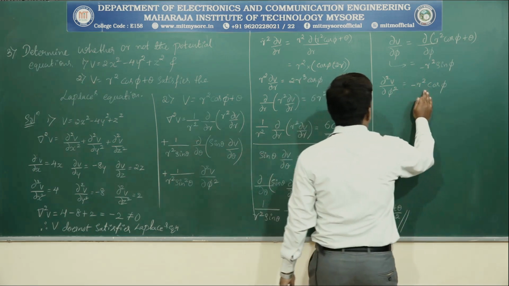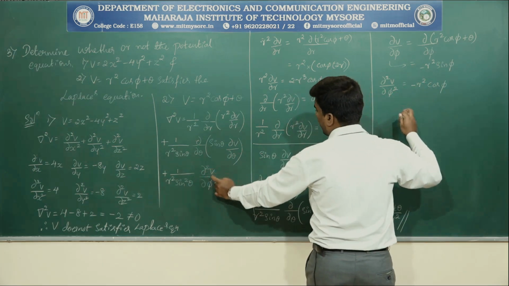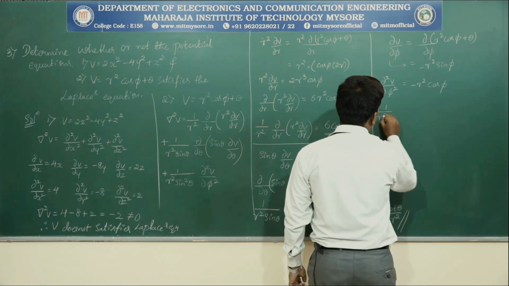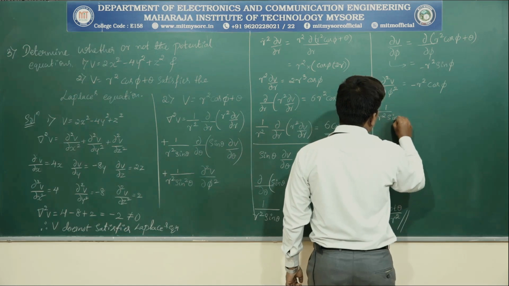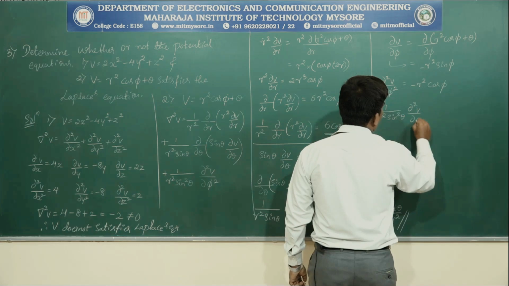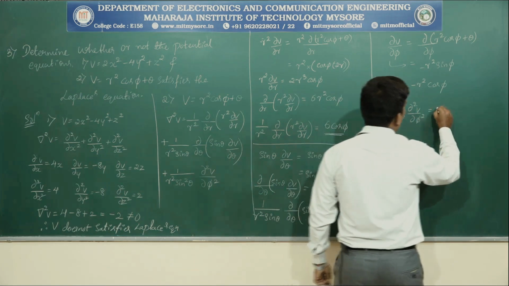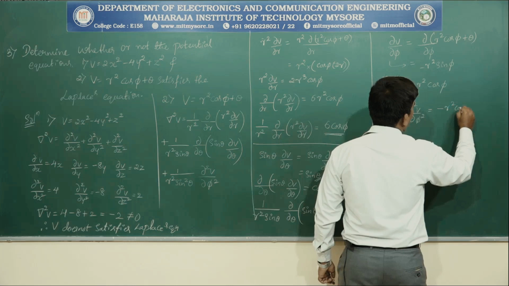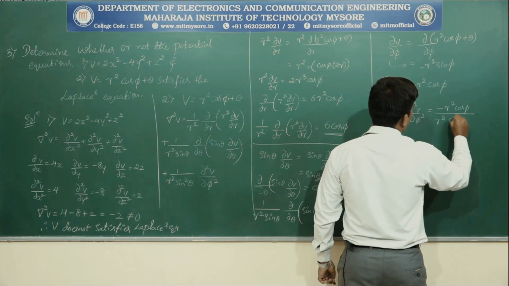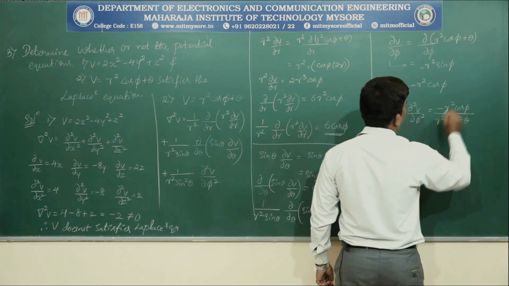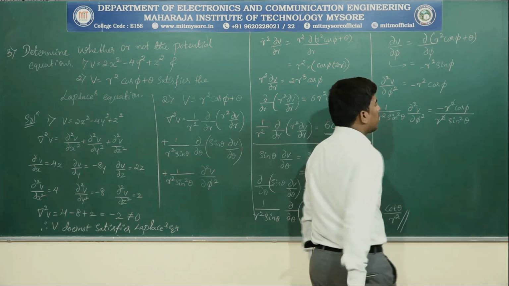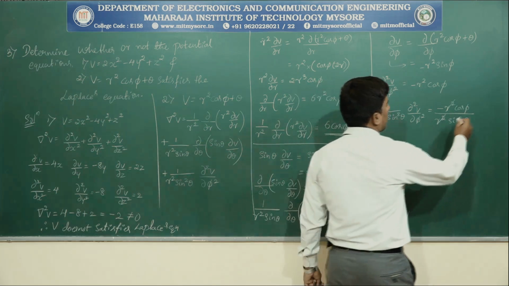So we are left with this quantity. Now we need to multiply this by 1 by r² sin² θ. That is 1 by r² sin² θ into ∂²V/∂φ² is equal to minus r² cos φ divided by r² sin² θ. r² gets cancelled, and we are left with cos φ divided by sin² θ.